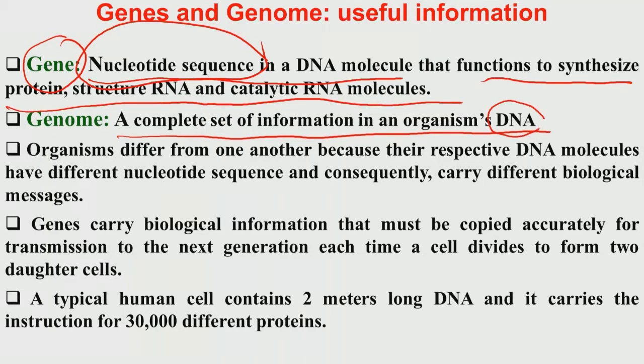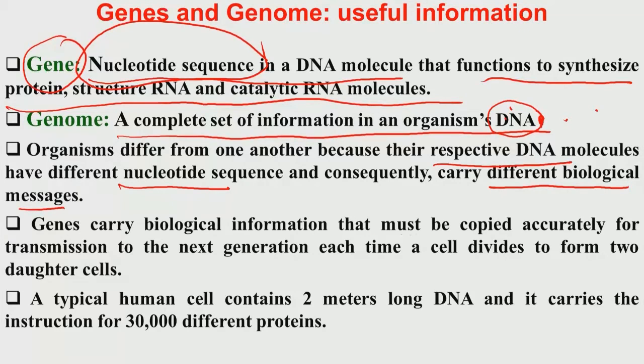Now, this information undergoes a transition from DNA to RNA, that means information is carried over from DNA to RNA. Organisms differ from one another because their respective DNA molecules have different nucleotide sequences and therefore carry different biological messages.